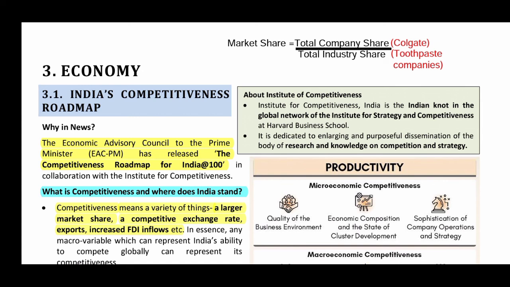Let me explain this market share with a very simple example.